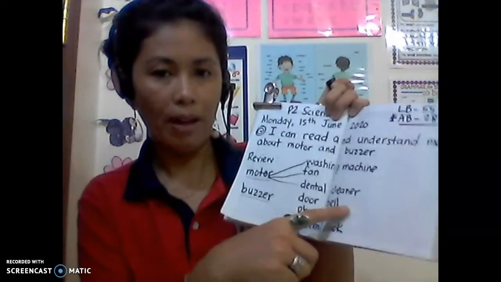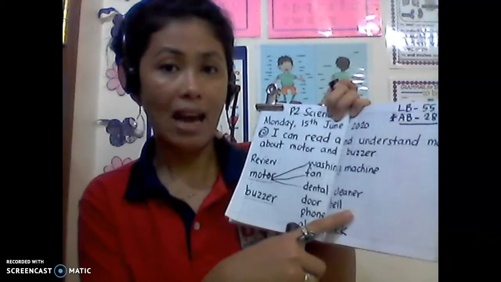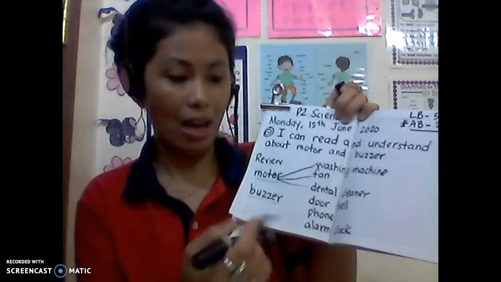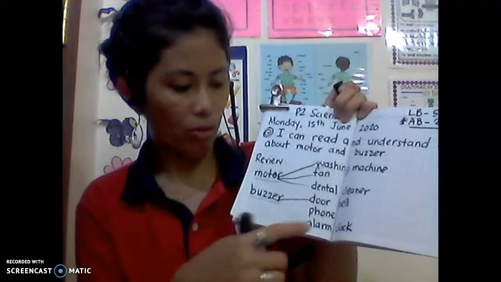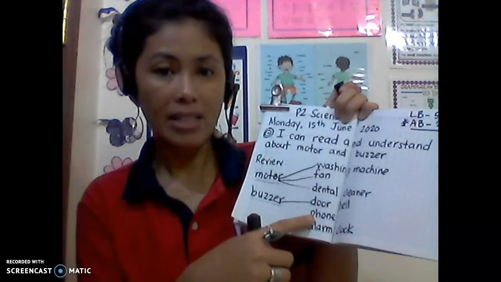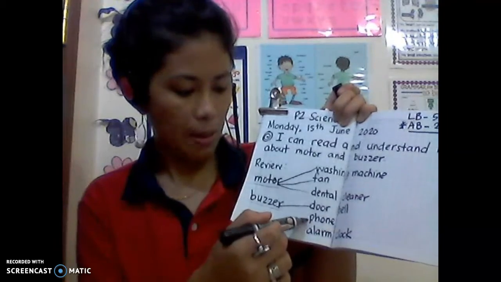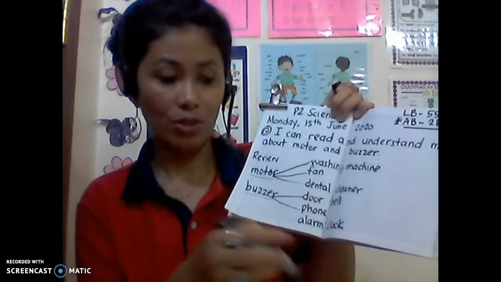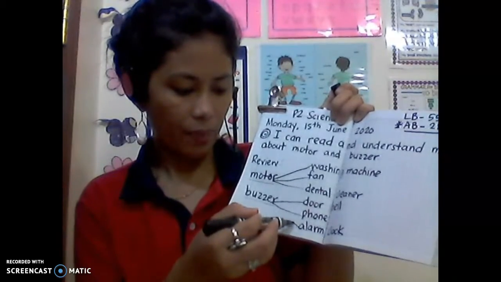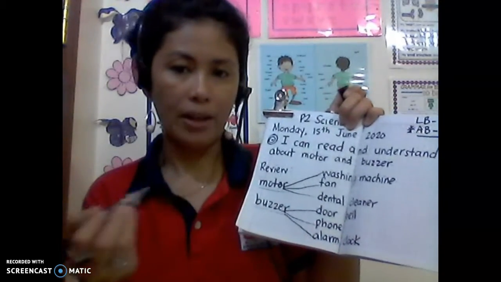How about the doorbell? It makes a sound, so we use buzzer. How about the phone? It makes a sound, so we use buzzer. Alarm clock. It makes a sound, so we use buzzer.